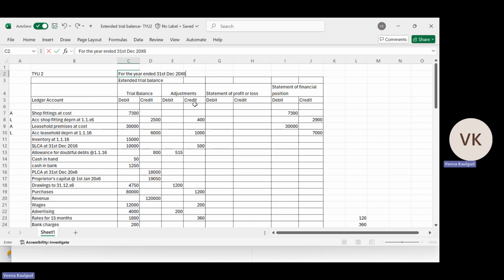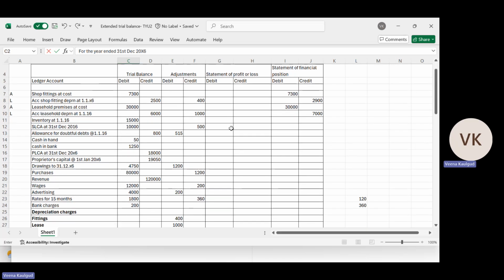This is the question. All right. So if it is 1,116, it means it's an opening inventory, guys. So opening inventory just needs to be recorded on the profit and loss. So it gets recorded like this.